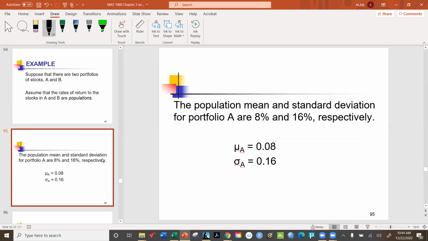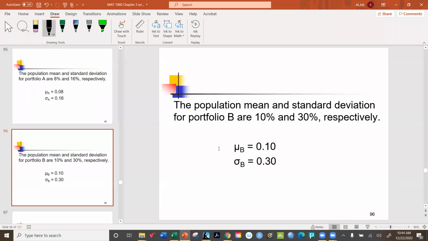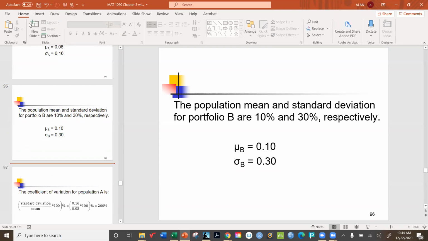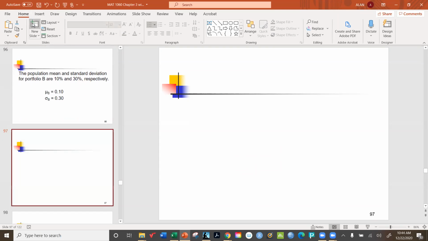So let me just show you a quick example. When we're done, I'll show you a quick drawing. Now for B, the mean is a little higher, if you notice, 10%, but the risk is also quite a bit higher, and that's what you normally expect. Just as a quick aside, imagine you do have two stocks or portfolios to choose from.